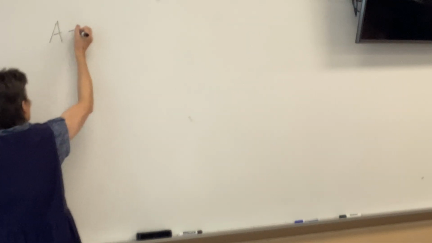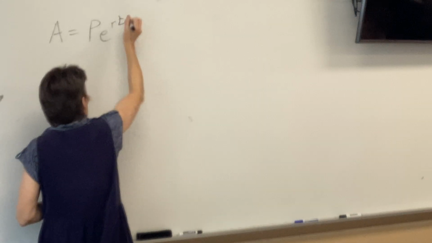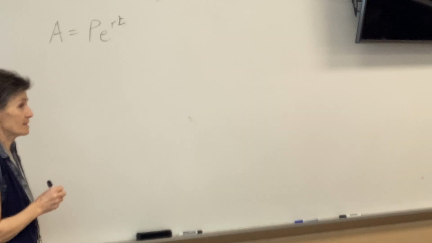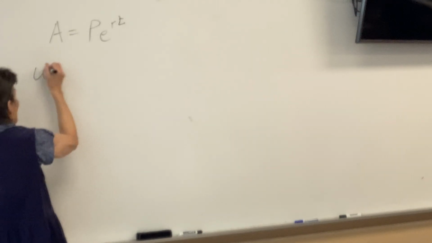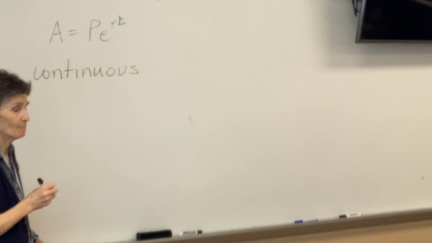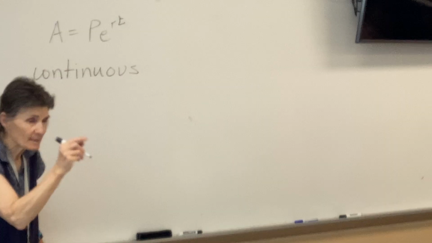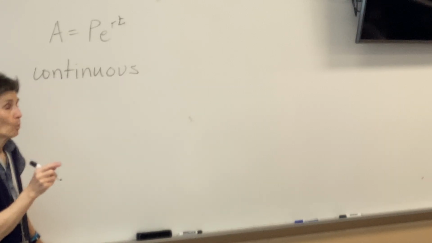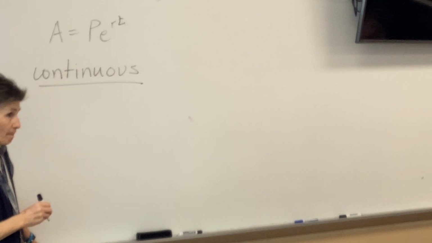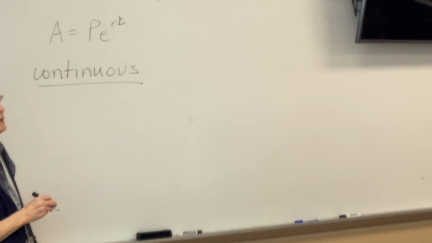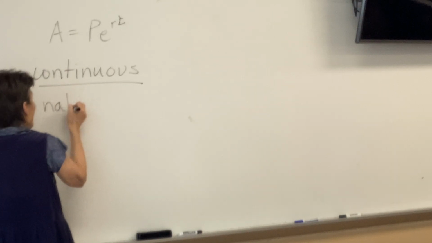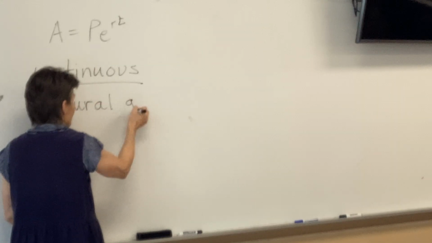Okay, so the first one we call the PERT formula. This is the continuous growth formula. So you will use this formula in any situation where you see the word continuous. You will also use this formula in any kind of nature problem.